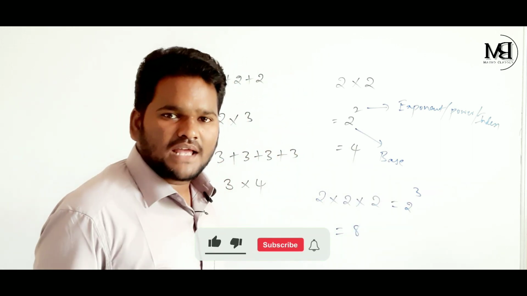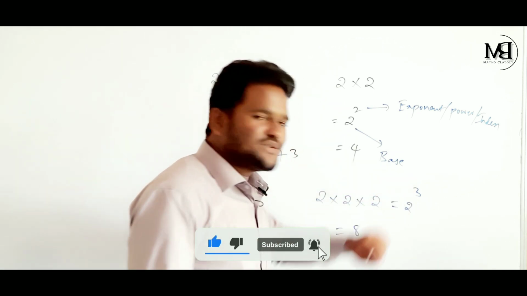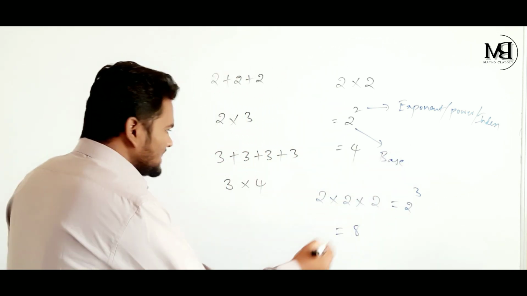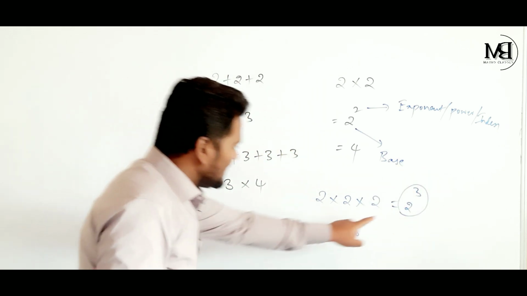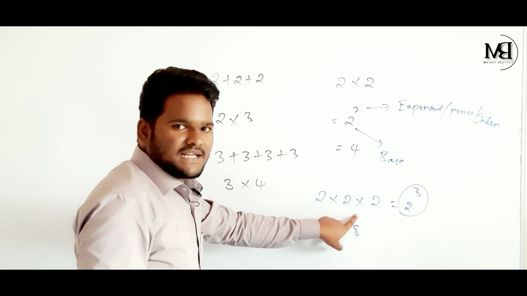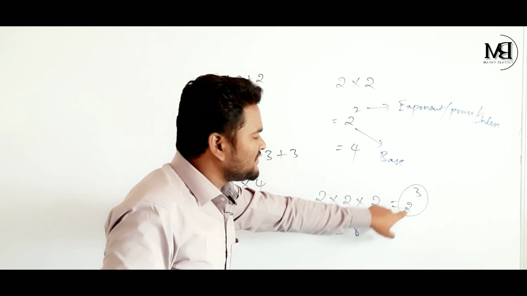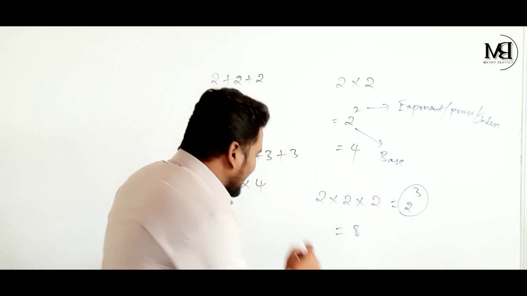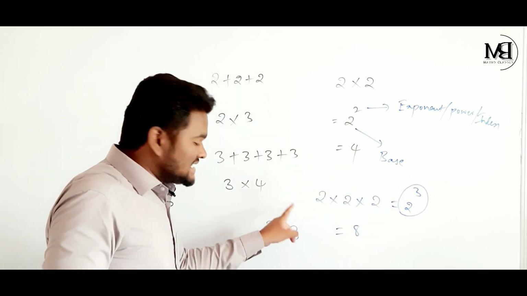They are multiplying the base into the exponent. See my dear children, 2 power of 3 represents the number which is multiplied by itself. Here 2 power of 3 means 2 is multiplied by itself 3 times, and 2 into 3 means 2 is added to itself 3 times.